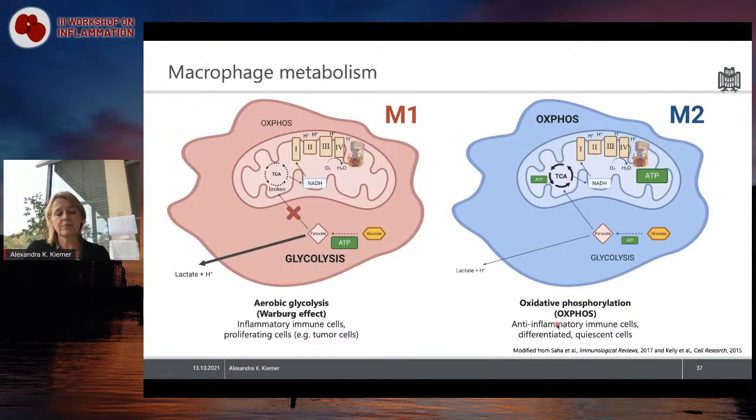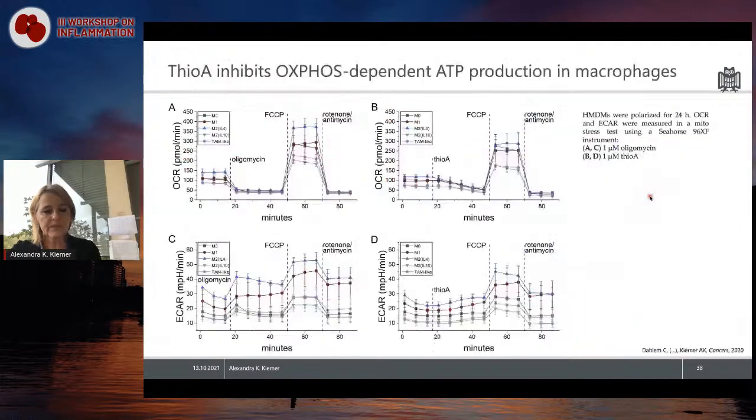It's important to know that M1 macrophages are thought to strongly depend on glycolysis as a major energy source, while M2, the tumor-associated macrophage-like, is suggested to strongly depend on oxidative phosphorylation. And this process, this ATP synthase, we saw to be affected in the tumor cells.